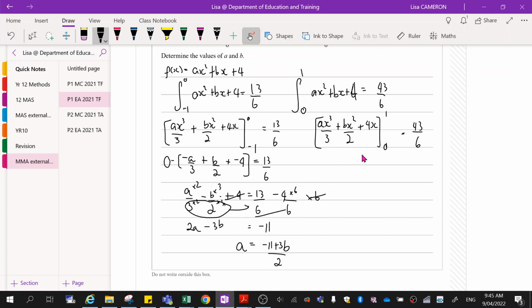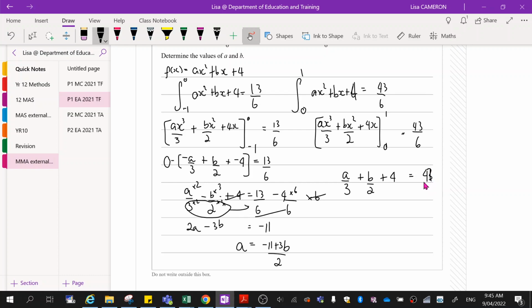Okay, so now I'm going to do the same thing for this side, and I'm going to substitute a in. That will resolve what b is. Okay, so when I substitute 1 in, I'll end up with a over 3 plus b over 2 plus 4. Now, here we've got 0, so that'll just be subtracting 0, so that's not going to really change anything.